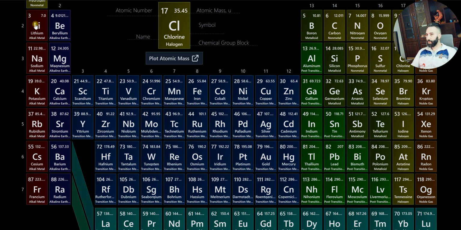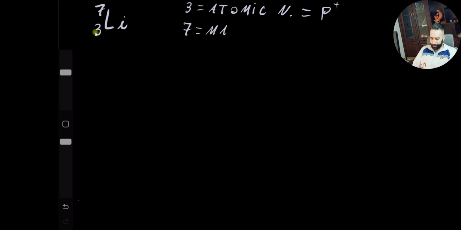Now, what is the smaller number? The smaller number is called the atomic number, and it equals the number of protons in the nucleus of that element. The bigger number is called the mass number.